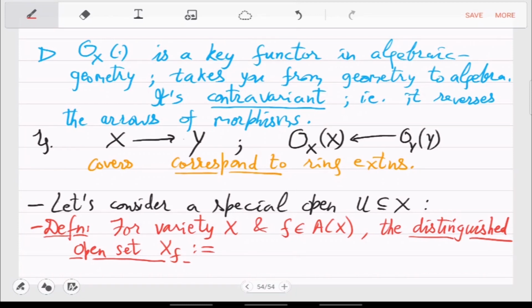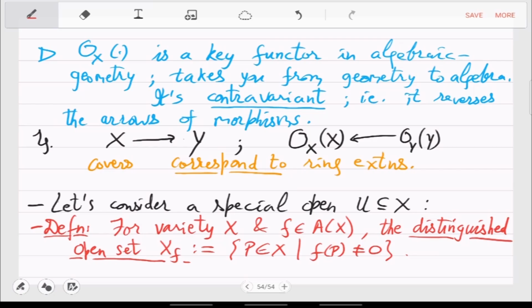So, it is basically the set of those points in X at which f will not vanish. It is as simple as that. So, this is the points on the variety at which f(p) is non-zero. Okay, so that part of the variety X, it's clearly open, because in Zariski topology we have defined open as complement of closed.